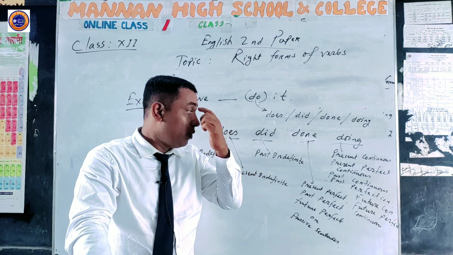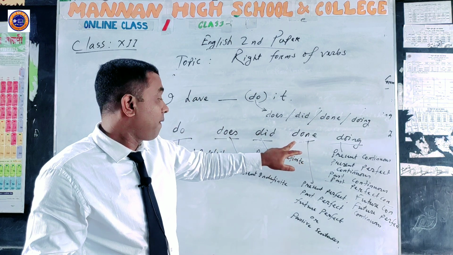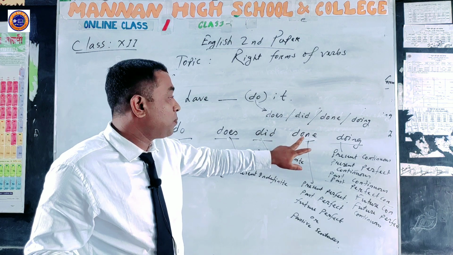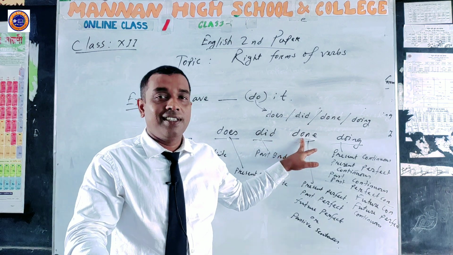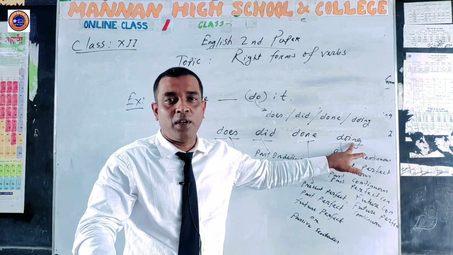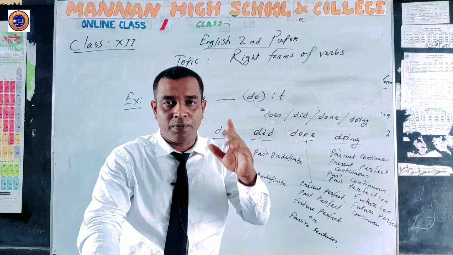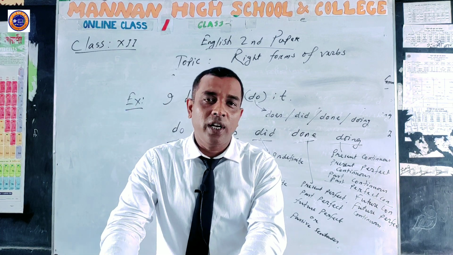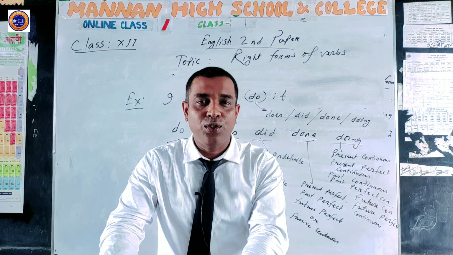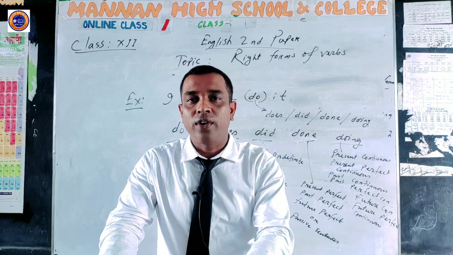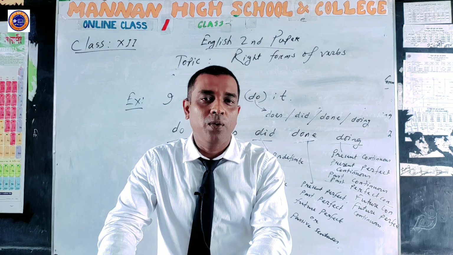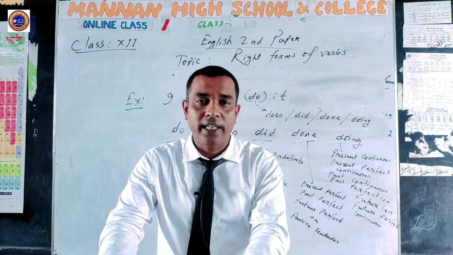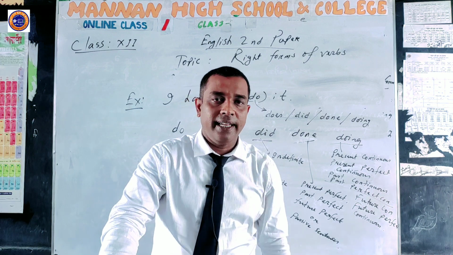But whenever you are going to use the past participle form and the ing form of the verb, you have to remember that you have to use auxiliary verbs. We will learn how to use the auxiliaries and which types of auxiliaries will be used in the next classes.